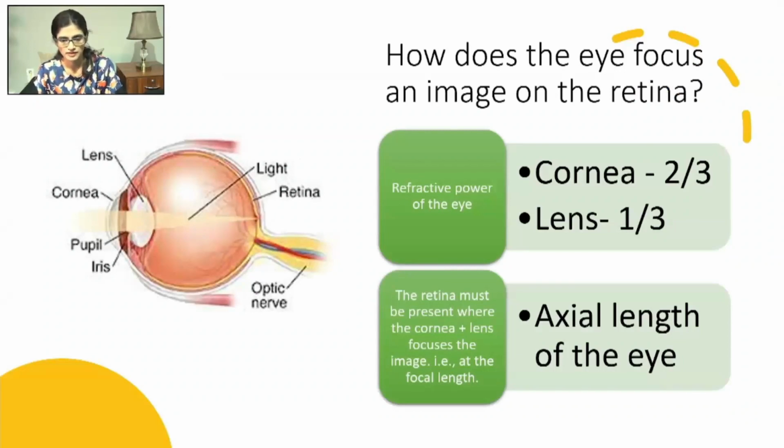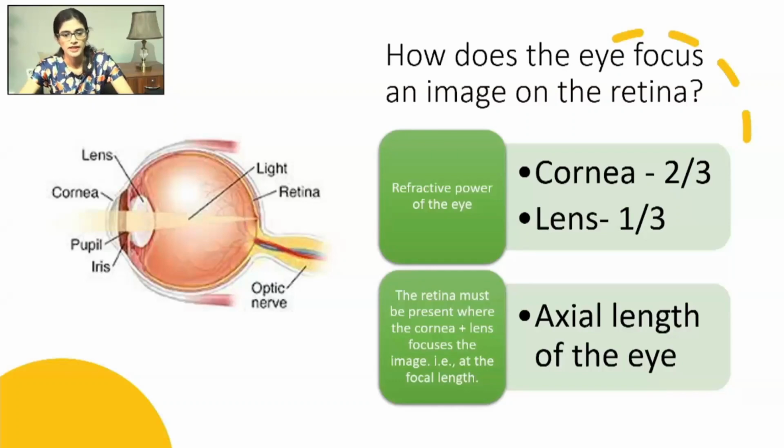The eye has two components which provide the refractive power, the cornea and the lens. The cornea provides the majority of the refractive power, 2/3, and the lens provides 1/3. Apart from these two elements, we also need the proper placement of the retina.